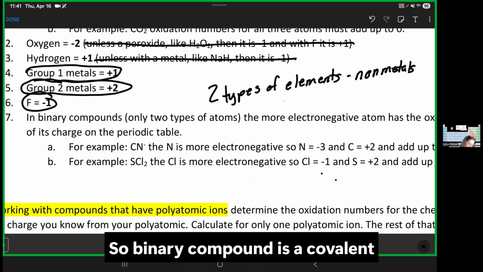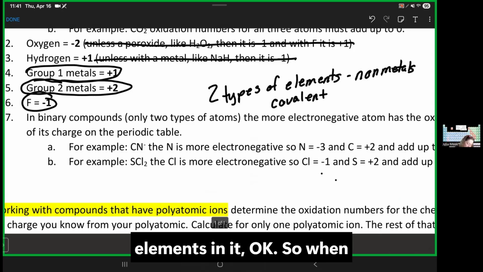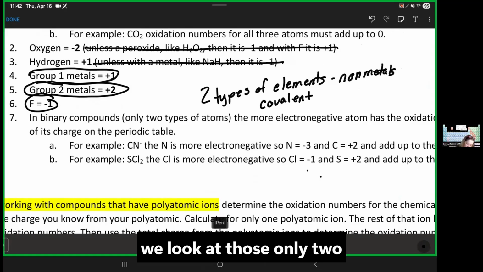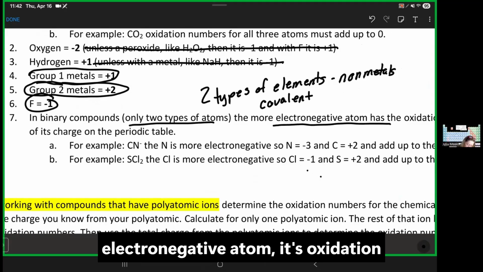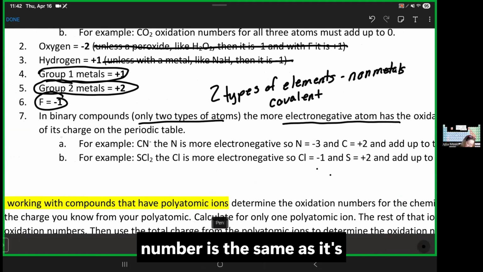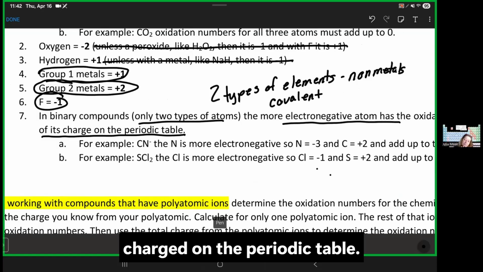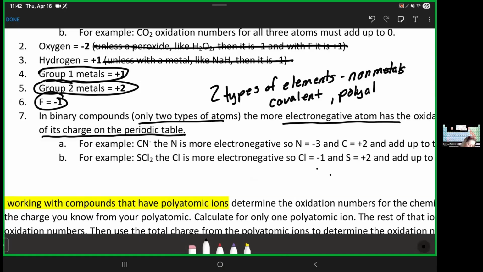So a binary compound is a covalent compound with only two types of elements in it. When we look at those, the more electronegative atom's oxidation number is the same as its charge on the periodic table. These can also be your polyatomic ions.